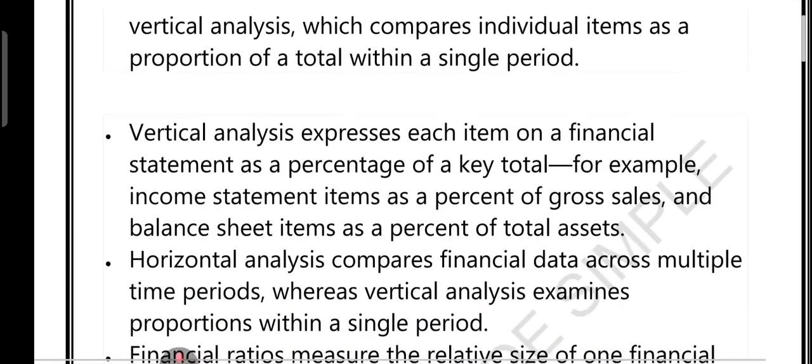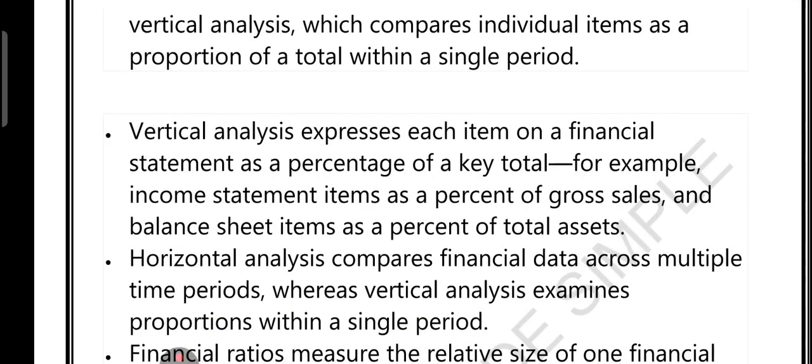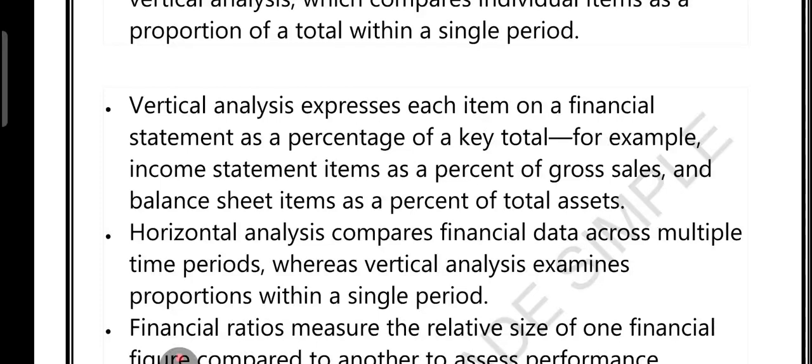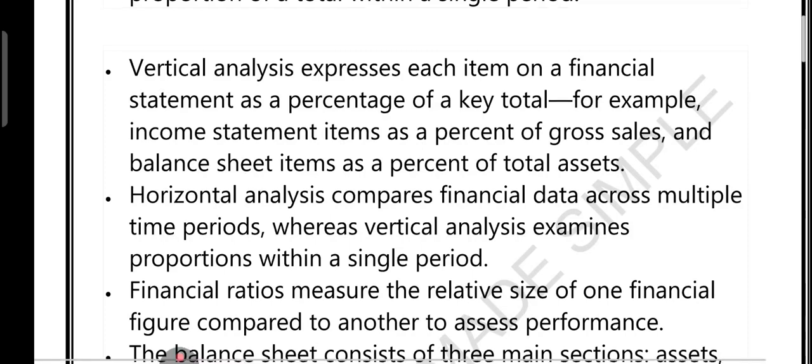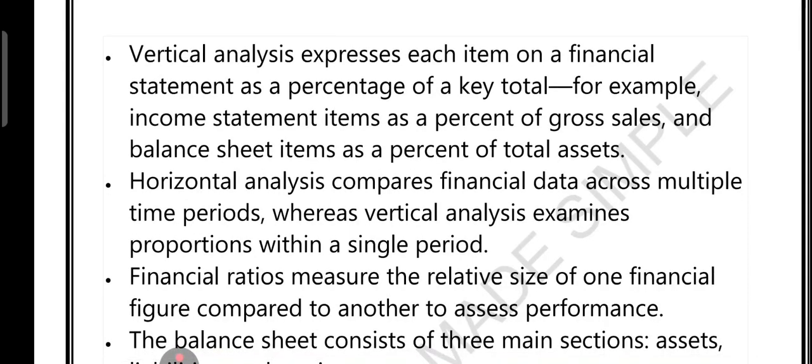Now friends, let's move forward. We have talked about the two types of analysis, horizontal analysis and vertical analysis, right? I told you horizontal analysis, also called trend analysis, compares performance across different periods, and vertical analysis looks at each item as a percentage of the total in the same period. Now let's switch our focus to vertical analysis. Suppose you are confused between vertical and horizontal analysis, or you are wondering what exactly asset and liability mean.